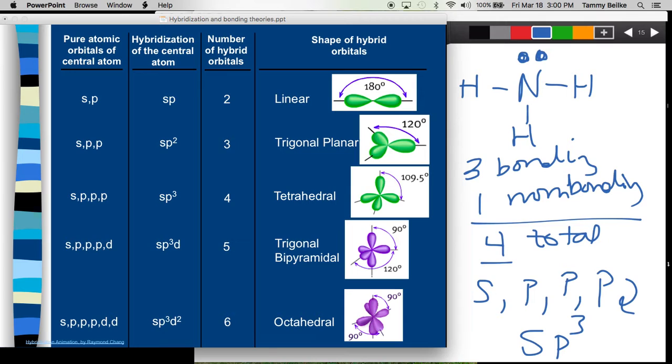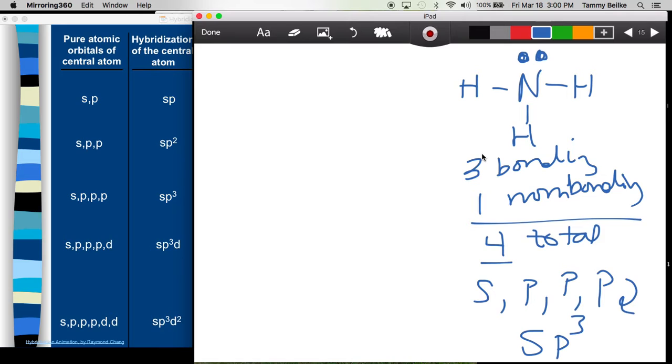So the interesting thing is methane, CH4, and ammonia, NH3, are going to have the same hybridization. It's just for methane, all of the bonds are here.